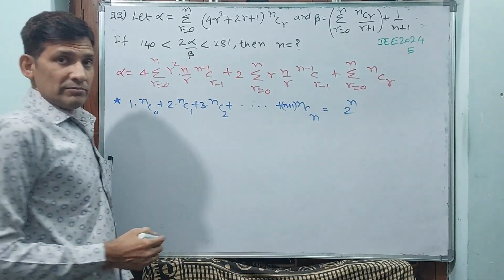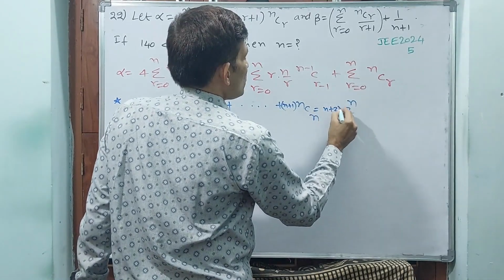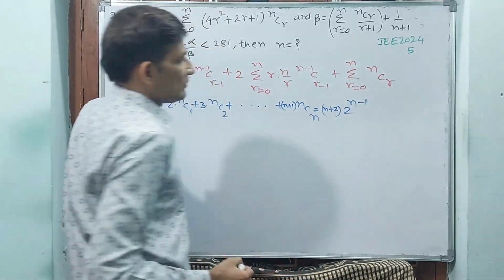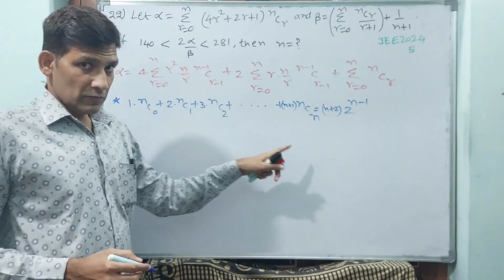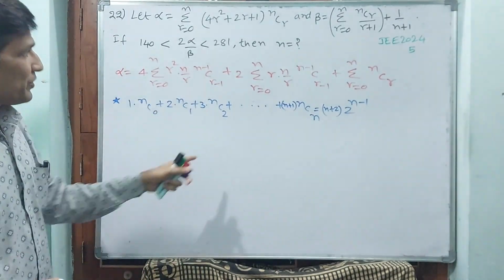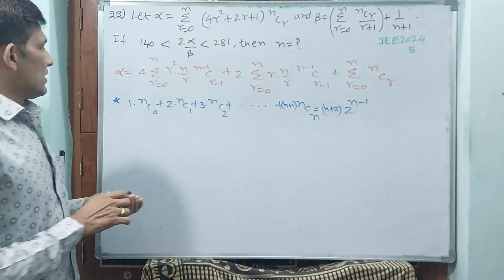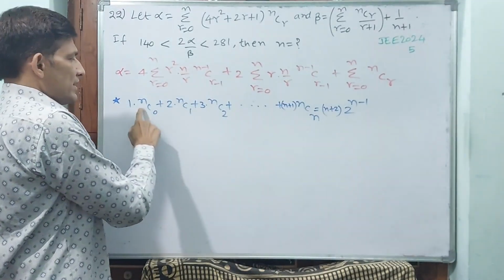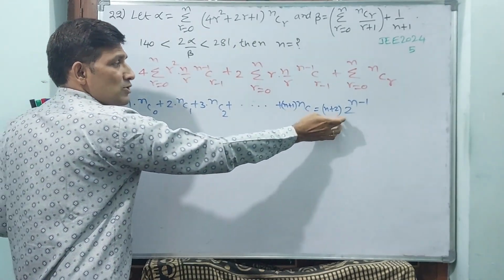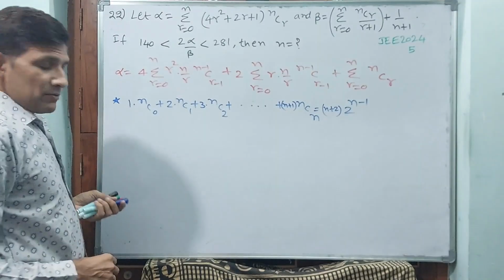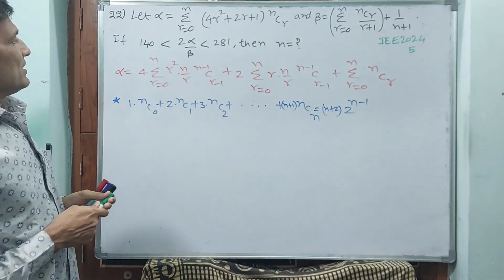What value is going to come? See, here n plus 2 into 2 power n minus 1. This is a formula. We need not derive, you take it, because we are going to use this formula in this question. If you multiply 1, 2, 3 with NC0 and so on, automatically the final value is n plus 2 into 2 power n minus 1. Like that we can change this series.